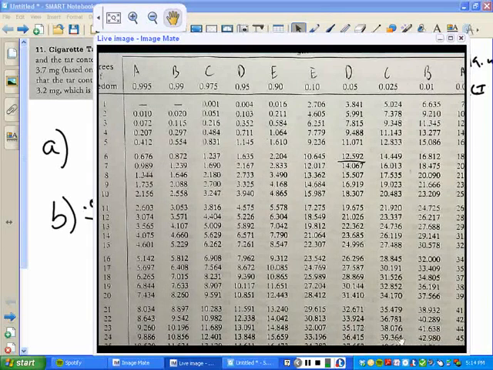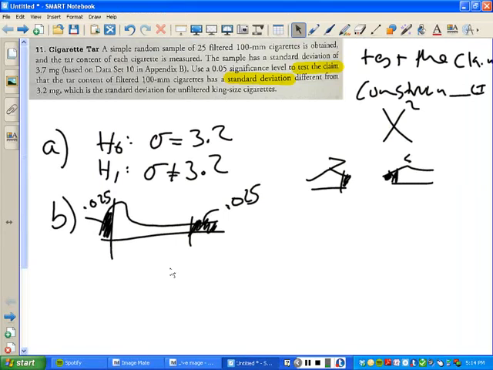So we're at 39.364. Is that right? Do we all agree on that? So for one side, we got 39.364. Does it matter which side? Yes. It's the right side.